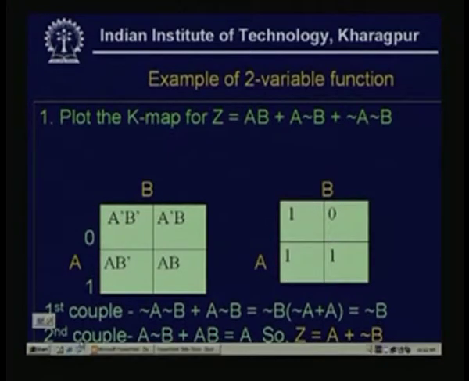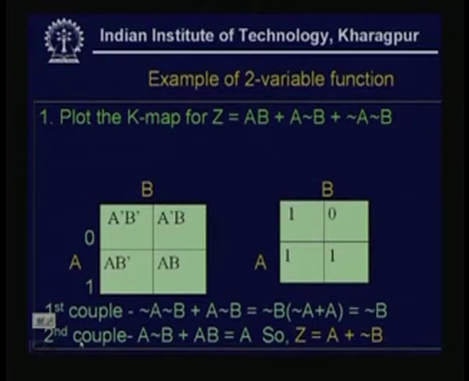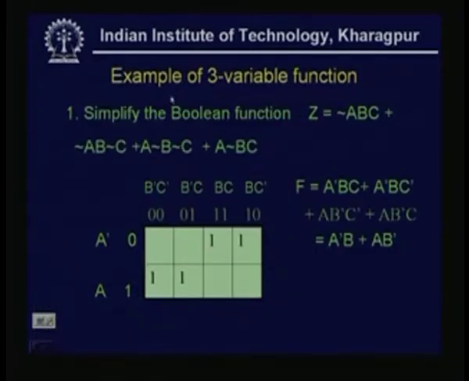Now, today we see how this rule is applicable for a 3 variable function. Again we take one 3 variable function. The function is a bar b c plus a bar b c bar plus a b bar c bar plus a b bar c. Now, if we draw the Karnaugh map, there will be 2 rows and 4 columns, because it is a 3 variable function.